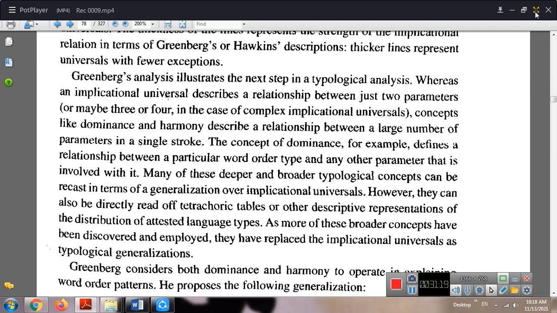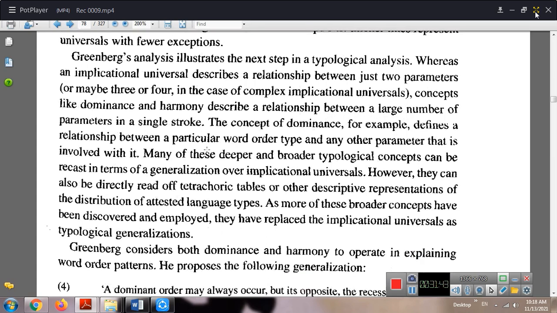Greenberg's analysis illustrates the next step in a typological analysis. Whereas an implicational universal describes a relationship between just two parameters, or maybe three or four, in the case of complex implicational universals, concepts like dominance and harmony describe a relationship between a large number of parameters in a single stroke.